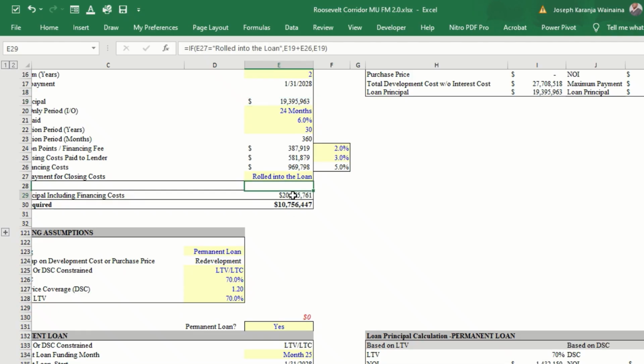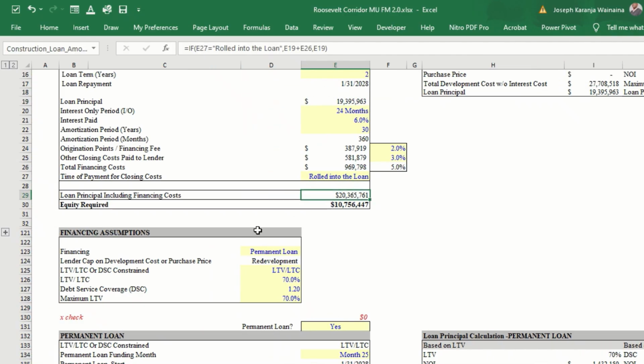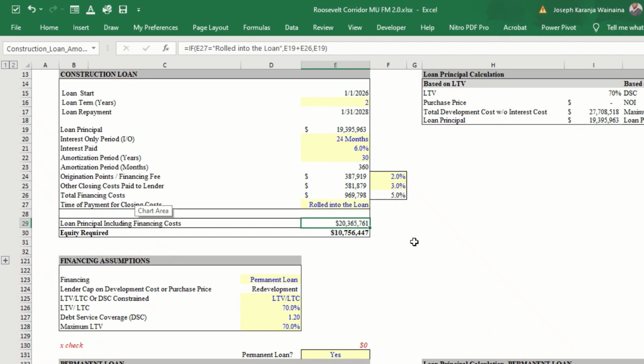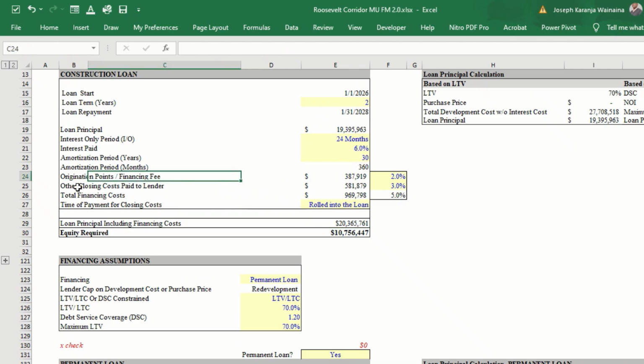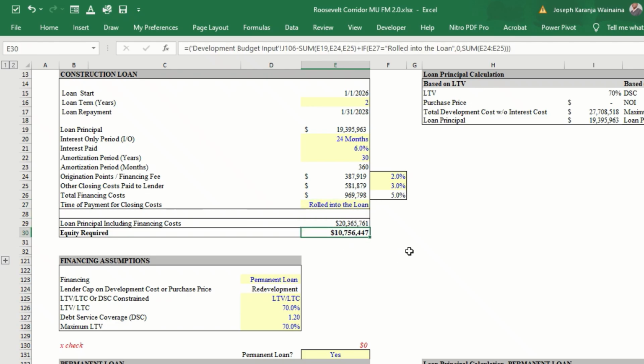So here is the principal loan amount after financing, because we do have the financing cost. We do have the origination points of the financing fee. These are the other costs paid to the lender, and also this is the total financing cost. Now, if they are rolled into the loan, this is the total loan amount. So the equity required will be this amount here.